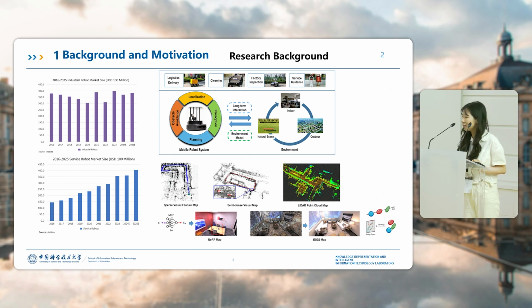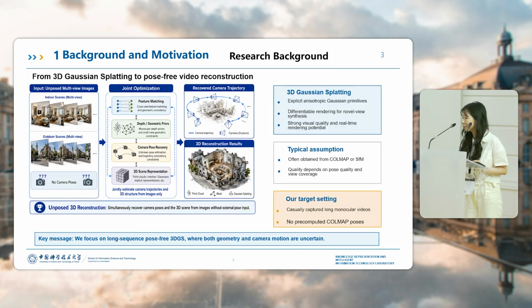3D Gaussian splatting serves as an impressive 3D map representation for robotic scenes, using explicit Gaussian primitives and differentiable rendering for high-quality novel view synthesis. 3DGS is strong for rendering, but most systems rely on known poses.